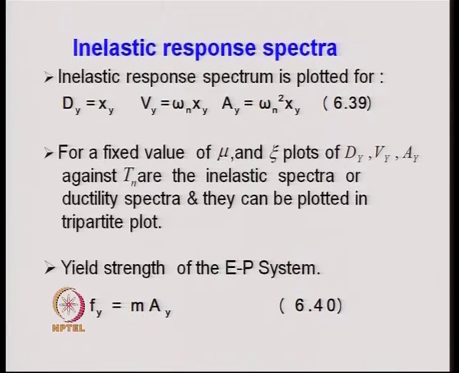Similarly, the pseudo velocity inelastic response spectrum is defined as omega n times xy, the way we did for the pseudo velocity spectrum in the case of the elastic response spectrum. The acceleration inelastic response spectrum is equal to omega n square into xy, that is, the displacement inelastic response spectrum multiplied by omega n square, like we have done in the case of the elastic response spectrum.